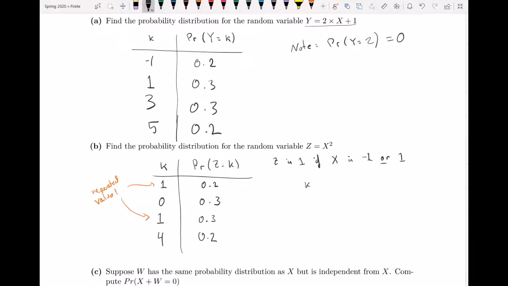So our final table is k, then the probability that Z equals k. Our smallest value is actually 0, then 1, then 4. The probability of 0 is 0.3, the probability of 1 is 0.5, and the probability of 4 is 0.2.